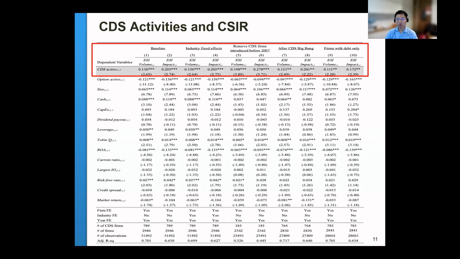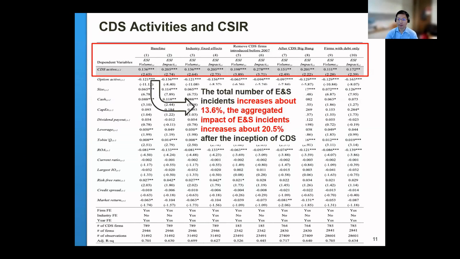If you look at the magnitude in our baseline models, we found that the total number of ENS incidents increased about 13.6%, and the aggregated impacts of ENS incidents increased about 20.5% after the inception of CDS trading. So it's not a trivial number.